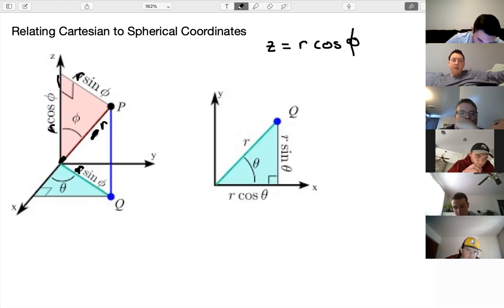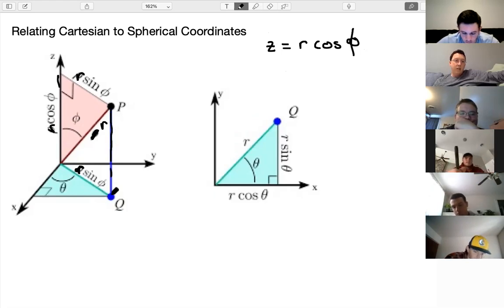Now, to get x and y, I need to know these lengths along the x and y axes. But what you first have to do is project down into the xy plane and then use trig.